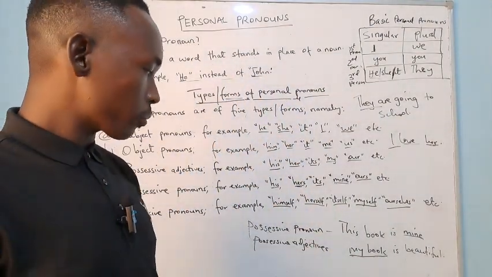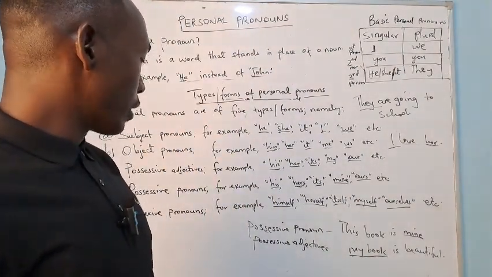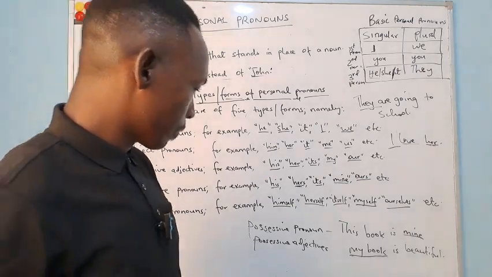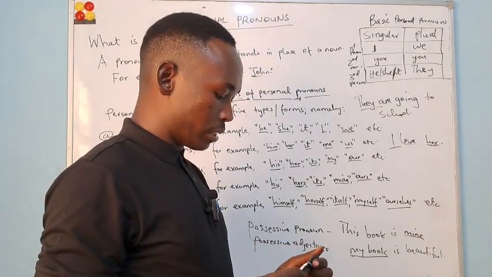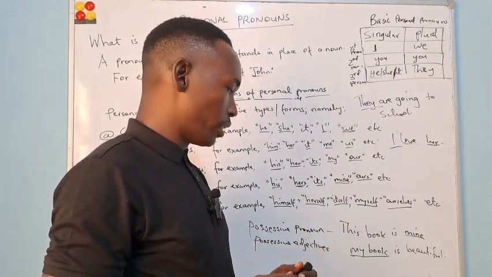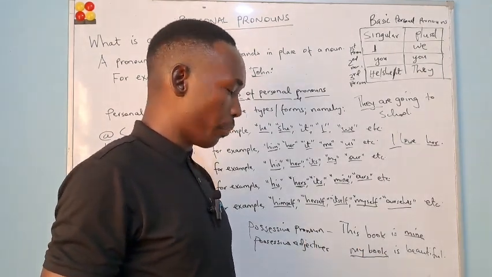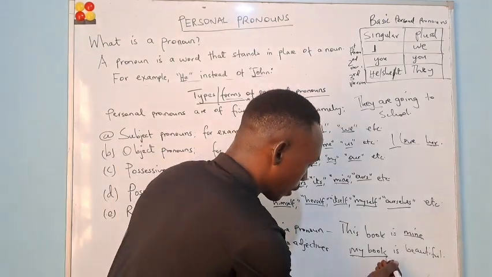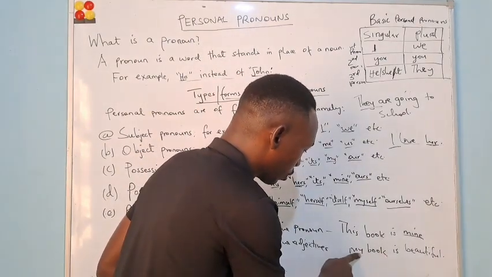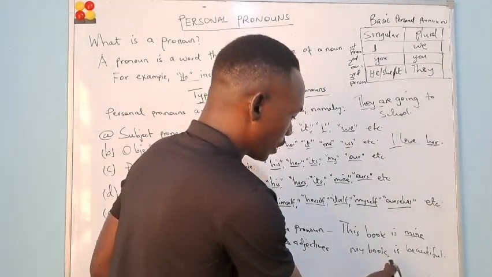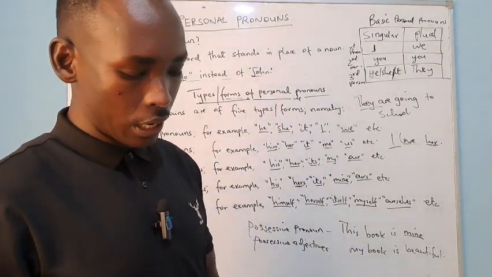My book. We say it's a possessive adjective, because an adjective is a word that expresses or gives more information about a noun. You see, it gives more information about a noun. So it is describing this noun, that this book belongs to me. So this my cannot be used without a noun.